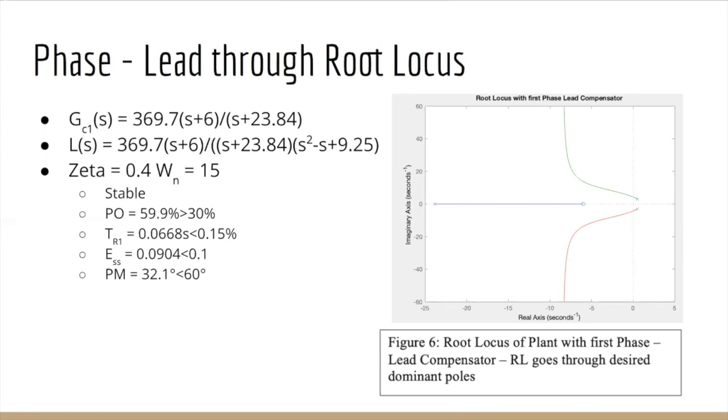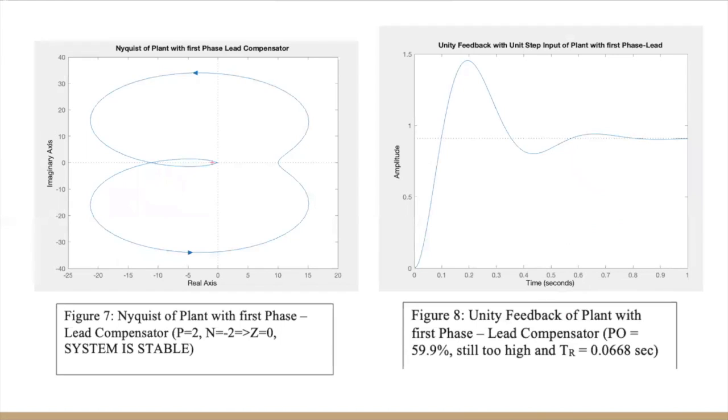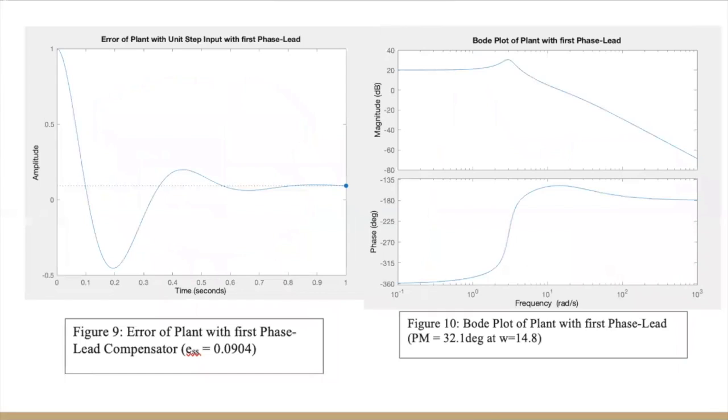On the right, you can see the root locus of the design, so it is now stable. This is furthered through the Nyquist plot, where you can see that P is equal to 2, N is equal to -2, and Z is equal to 0. The unity feedback now does not grow exponentially and has a percent overshoot of 59.9. And this is the error of the first phase lead compensator, and this is the Bode.